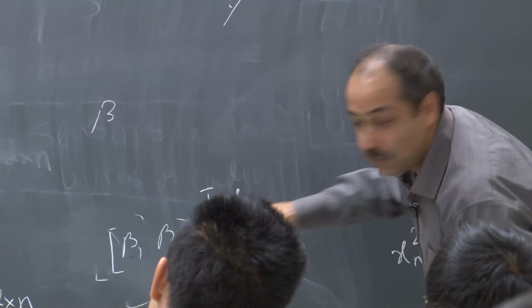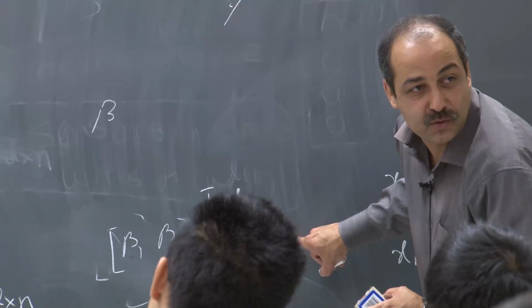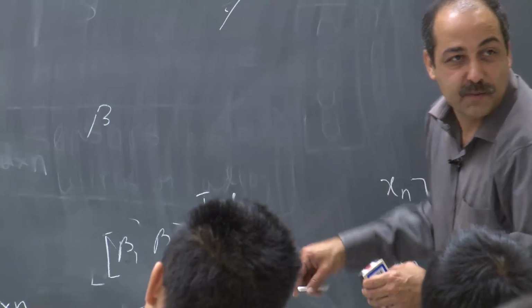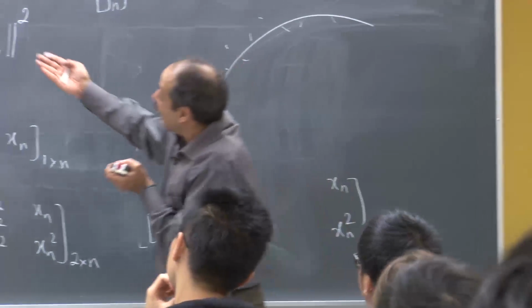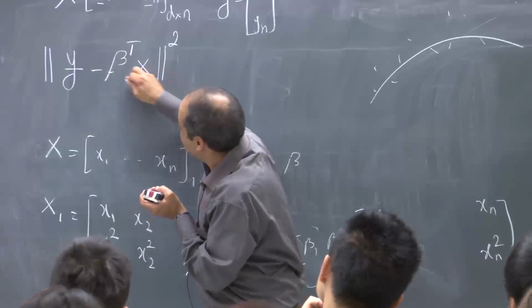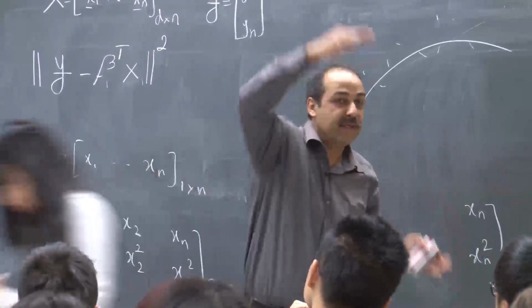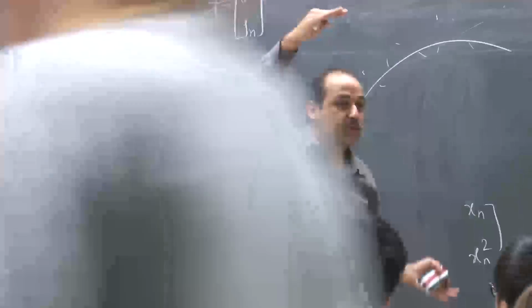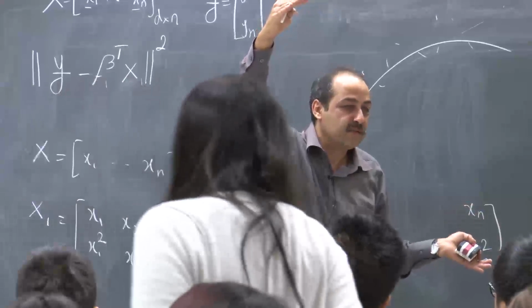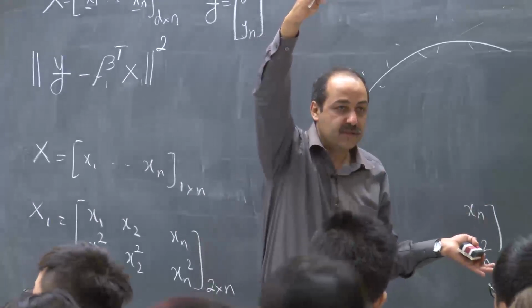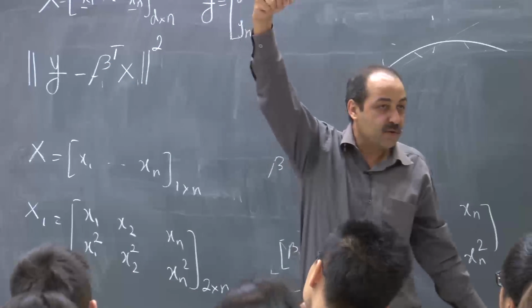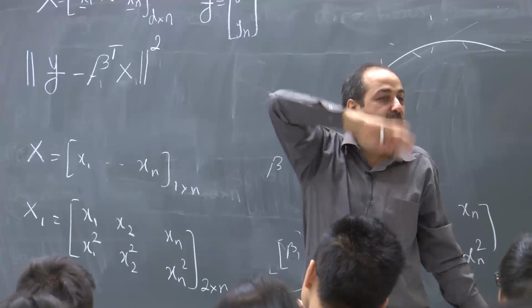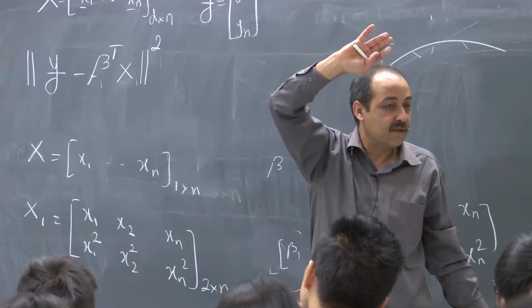Beta 1x2 plus beta 2x1 x2 squared. It becomes quadratic, right? So I can define a new x here, a new beta here, when x has been expanded from d dimension to 2d dimension to 3d dimension to whatever dimension. And beta has been expanded also. Then do the linear thing. Okay?